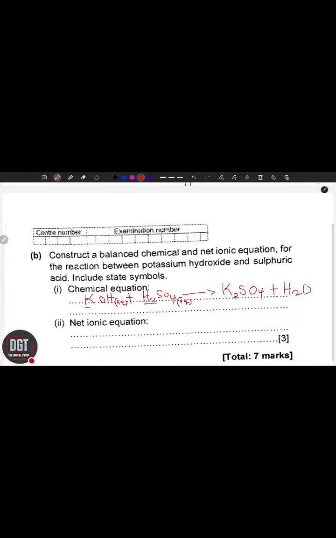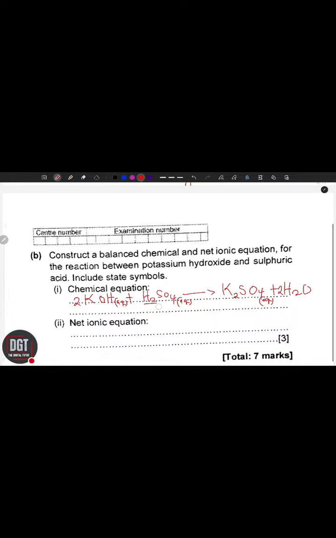Whatever remains is you balancing the equation. This is aqueous. Now if you want to balance the equation, potassium is 2 here, potassium is 1 there, so we put a 2 here. So potassium 2, oxygen 2 plus 4, 6, hydrogen 2 plus 2. So in front of water we put a 2. So hydrogen 4, oxygen 6. I guess this is balanced.